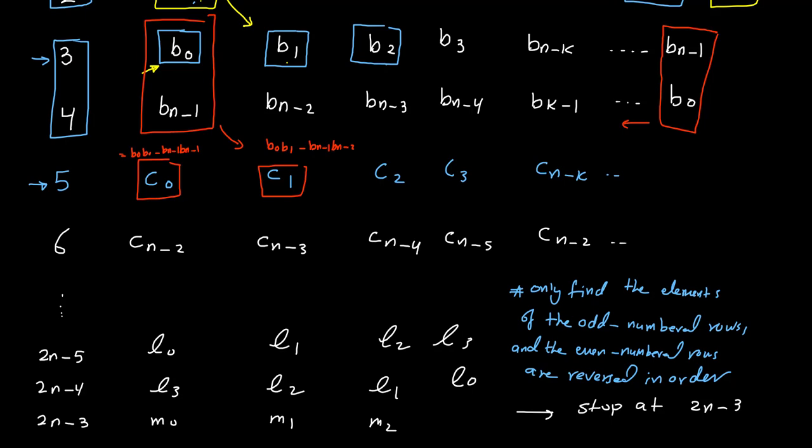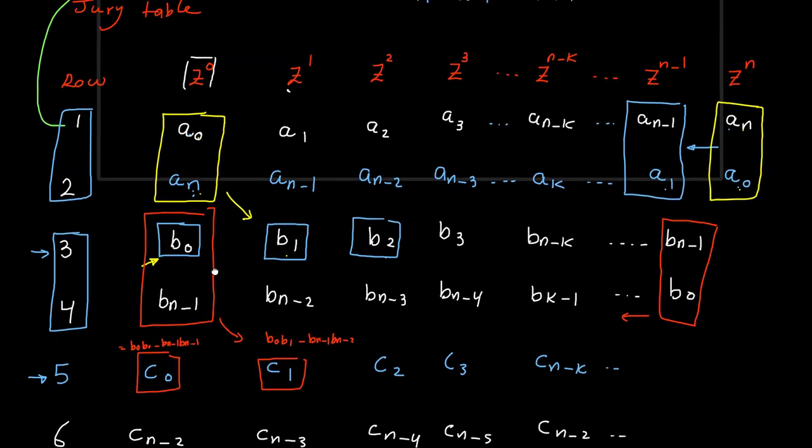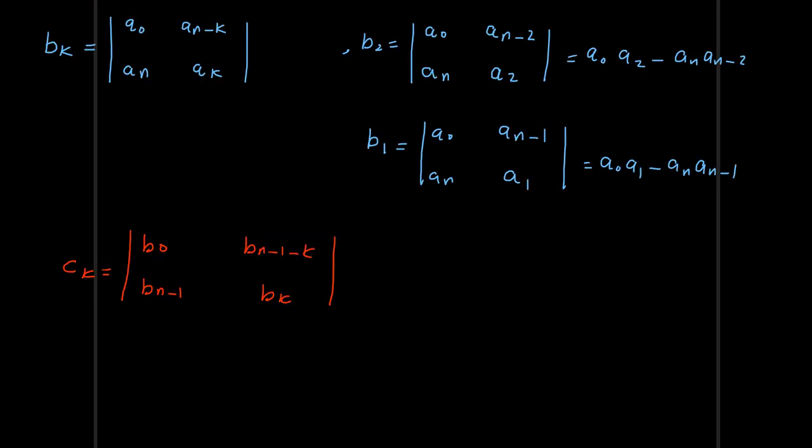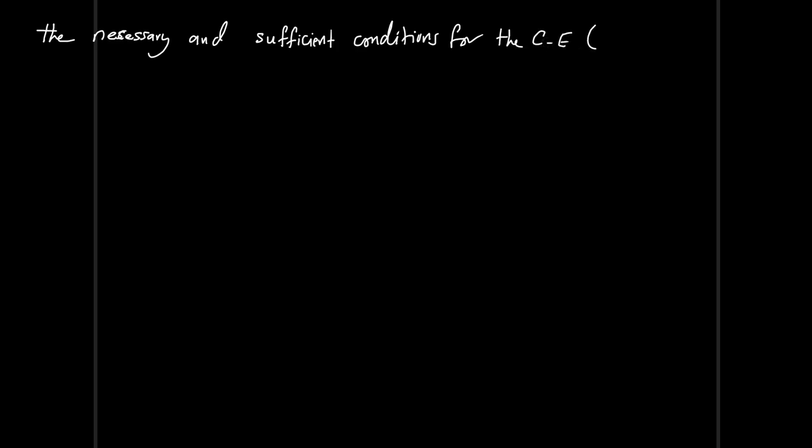So after finishing the Jury table, we are at a stage to write the necessary and sufficient condition for the characteristic equation, and here we call it Q of Z, to have no roots outside or on the unit circle.